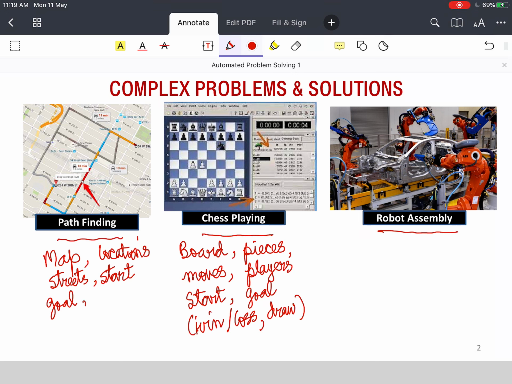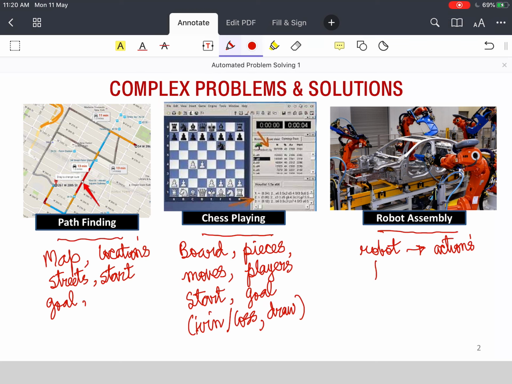These robos are pre-programmed robos who have a sequence of actions that they need to take to manufacture this vehicle in terms of welding, fitting, turning, shaping, painting, etc. Now, if we look at a program which is trying to write this, we will notice that such a program can be written, but the features of this program are that every robo will have its own actions.